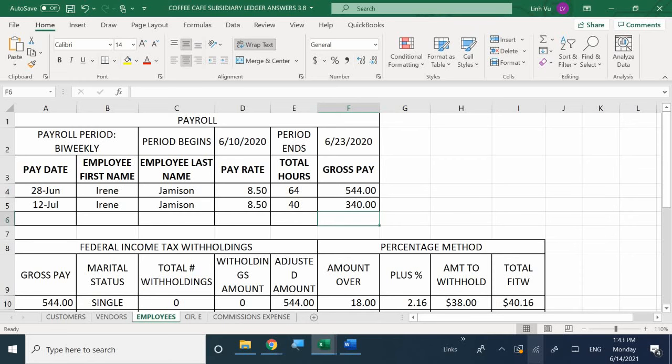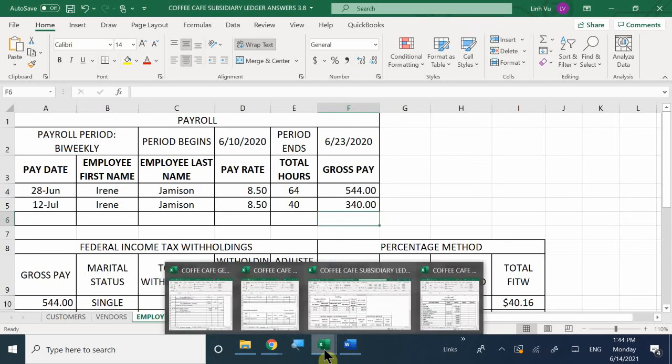Yes, it is payroll expense because it's for the month of June. And then since you're owing her the money, you're not paying her yet, you're going to accrue the payable. Yes, payroll payables or payroll liabilities in this case.